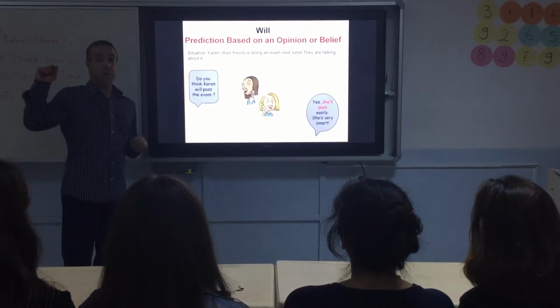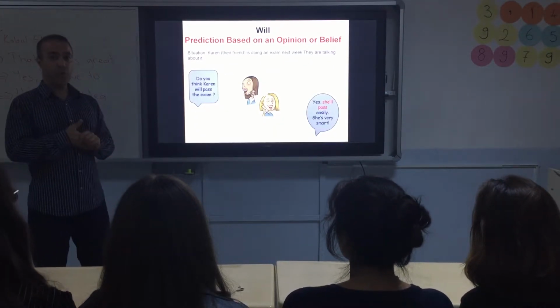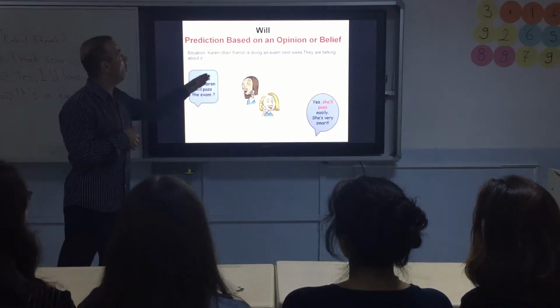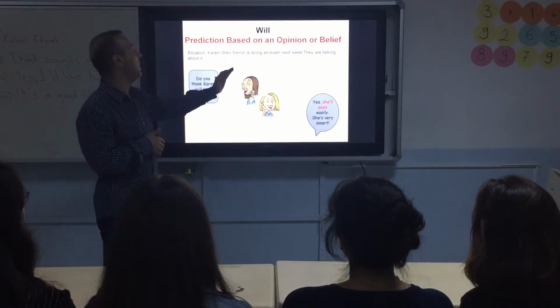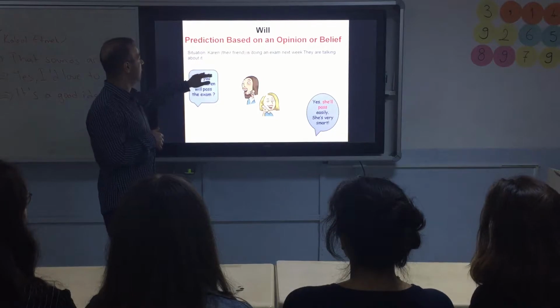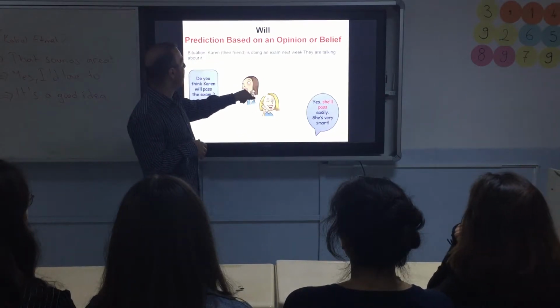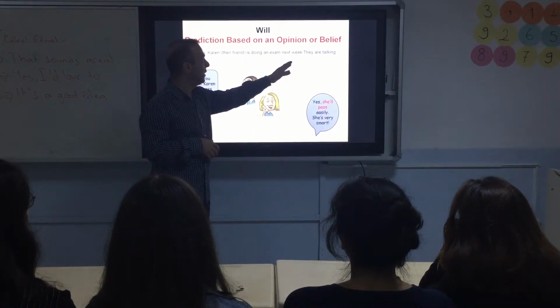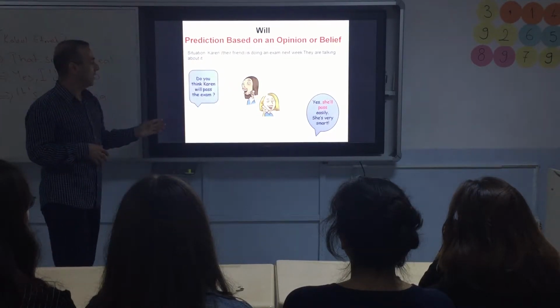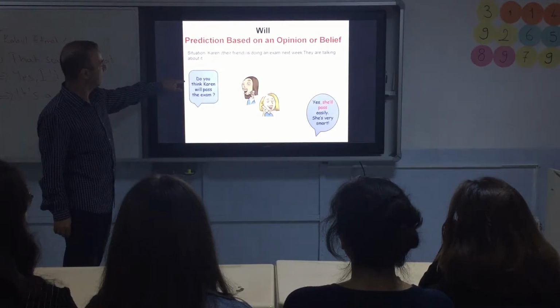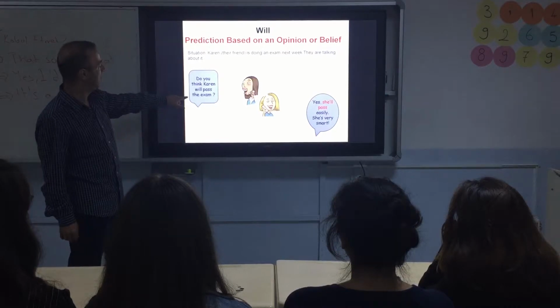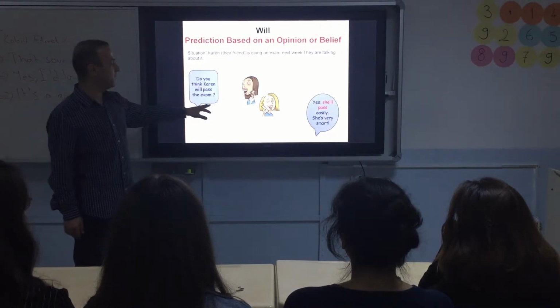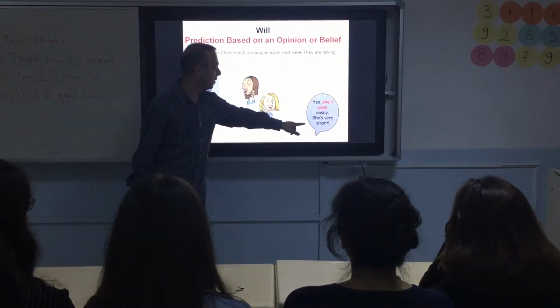Okay, that's correct. And we got the structure. And we use will for prediction based on an opinion or a belief. The situation: Karen, their friend, is doing an exam next week. They are talking about it. And Merve, Do you think Karen will pass the exam? This is a question. And Ceren, Yes, she will pass easily.